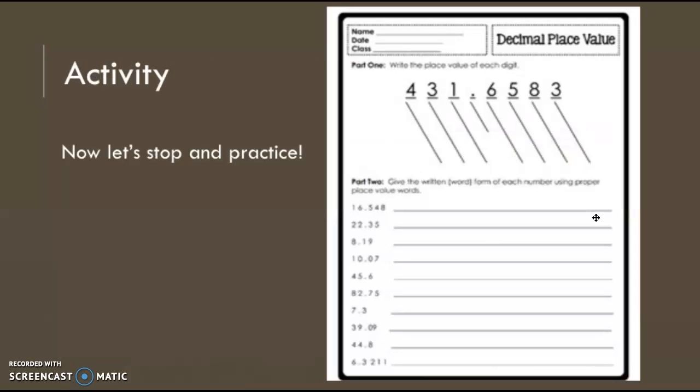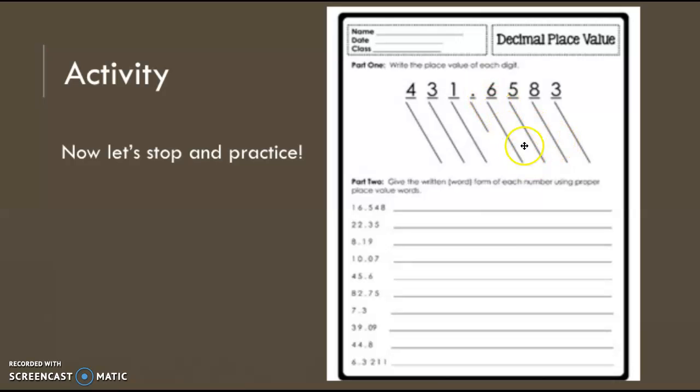So now that we have had a chance to watch the video and go over the chart, I think it's time for us to get a little practice in. So what you're going to do with this worksheet is, at the top we have these numbers. Here's our decimal point. We have numbers to the left and we have numbers to the right. So on these lines here, you're going to write the place value of each digit, which is just what we described in the previous slide.